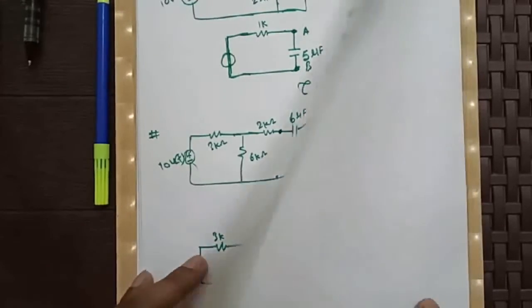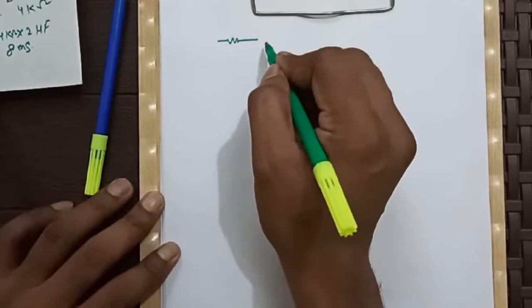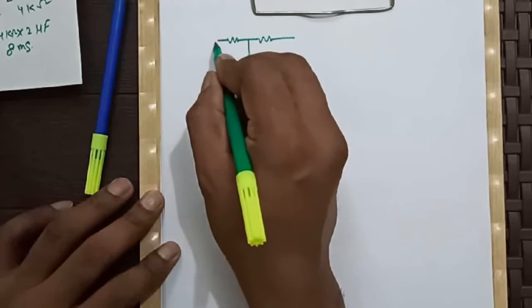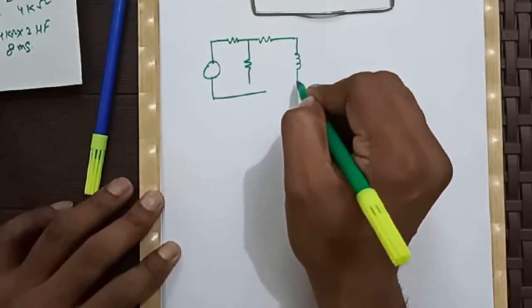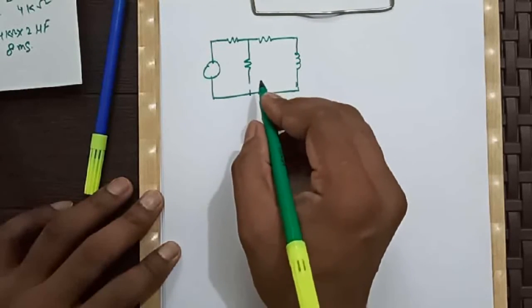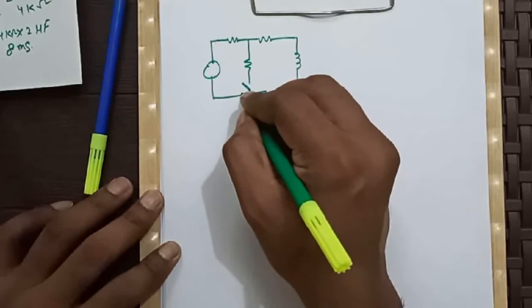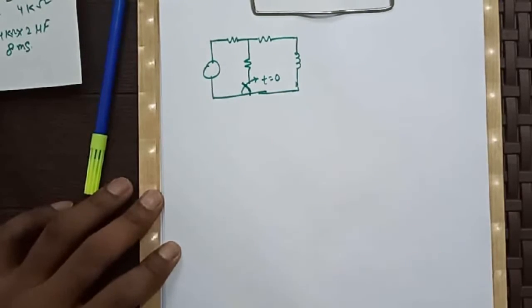Now consider another example. R, this is also a resistor, a current source, this is the switch which is getting closed at t equal to 0, right?